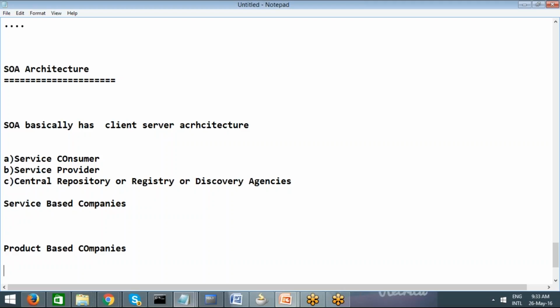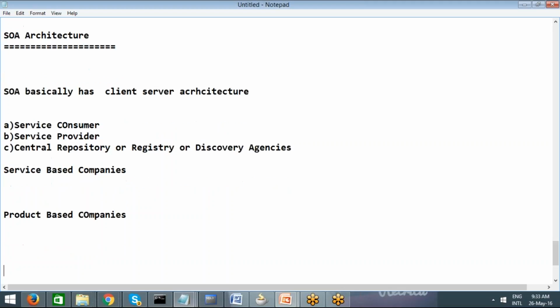So let's talk about a scenario where we are working in a product-based company. There are a lot of people who develop apps these days. This is an era of apps, and we use mobile technologies to build those apps. Let's say I am XYZ company, who is building an app.